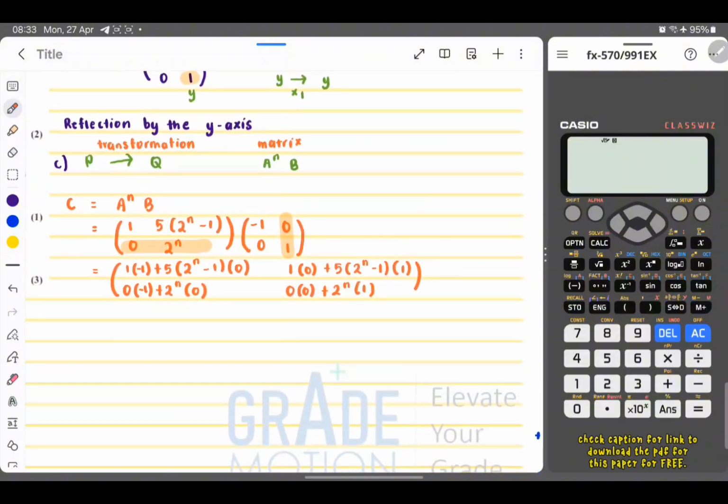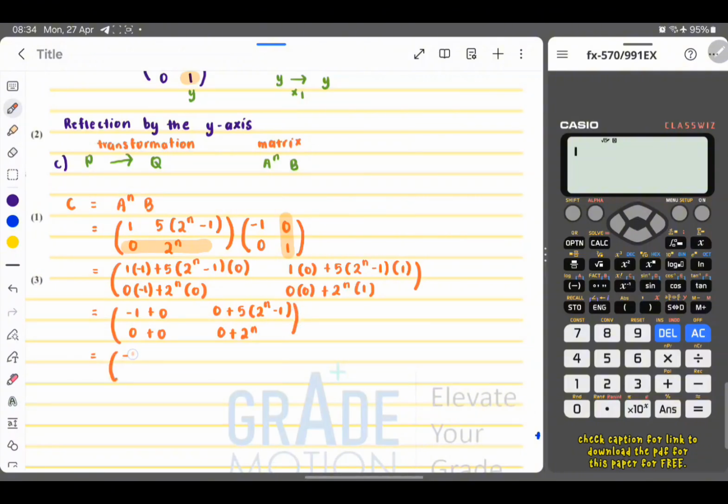So let's simplify all of this. 1 multiplied by -1 would be -1. Anything multiplied by 0 would be 0. Here would be 0 plus 0. Here would be 0 plus 5 open bracket 2 to the power of n minus 1. Here would be 0 plus 2 to the power of n.